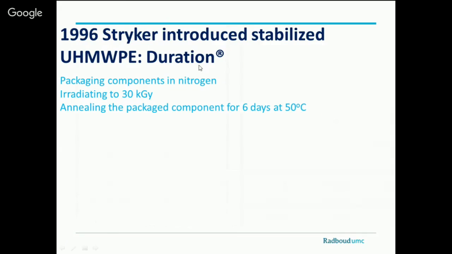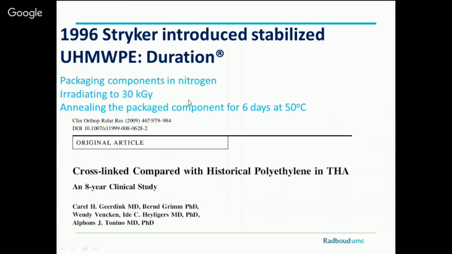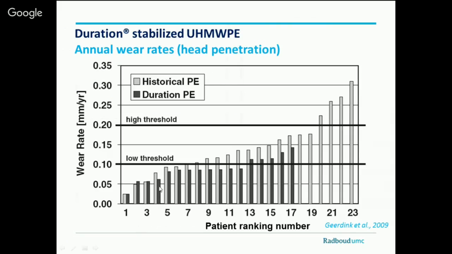So I'll just show you an example of how that works out in patients. In '96, so almost 20 years ago already, Stryker introduced Duration. That's a new polyethylene. This is the treatment they do, and people did a clinical study, and they compared the historical polyethylene with the new polyethylene.